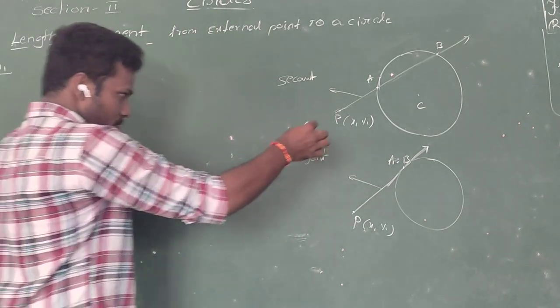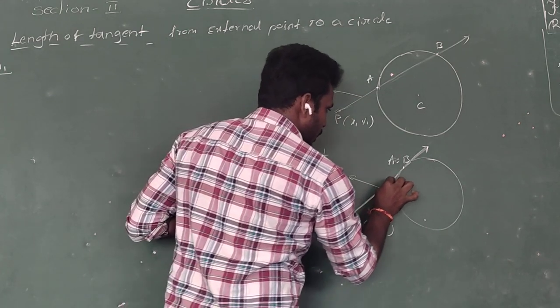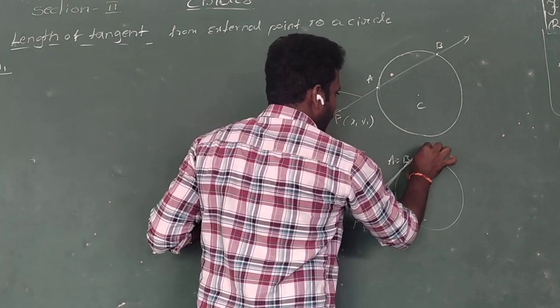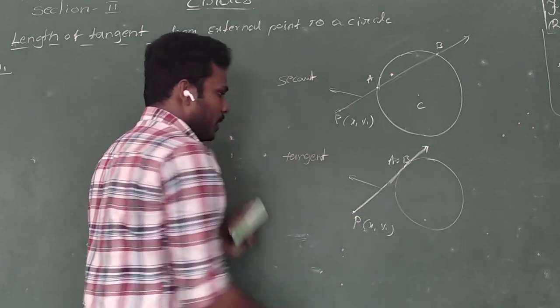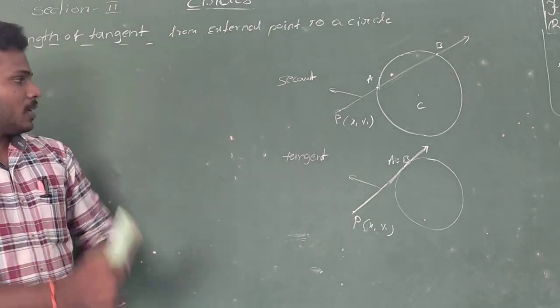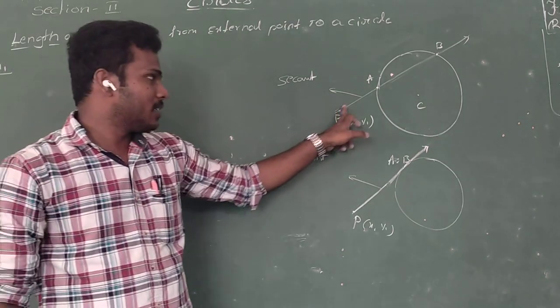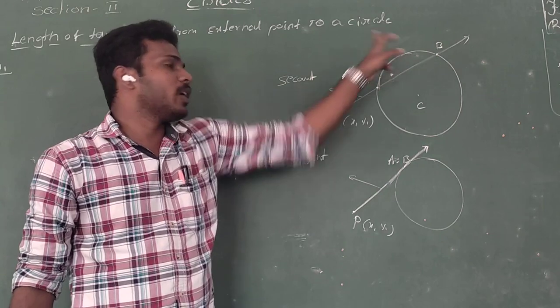Looking here, P is the point. Suppose A is the point of contact. In the previous discussion we covered the definitions. A line that intersects the circle at 2 points is a secant.